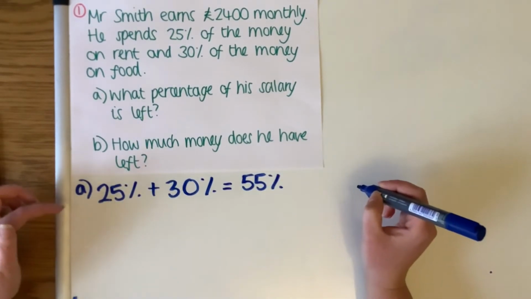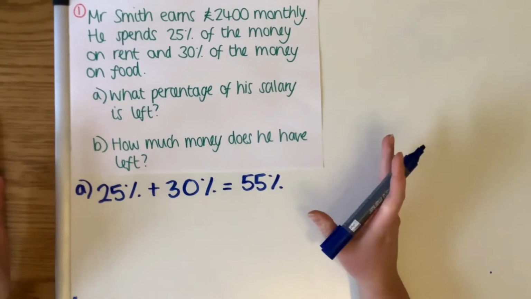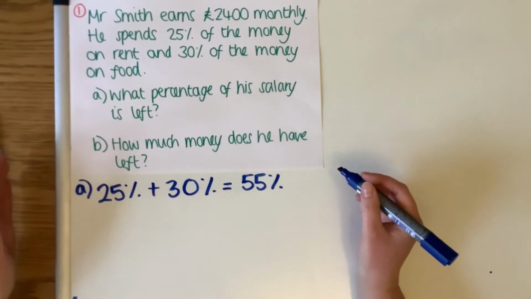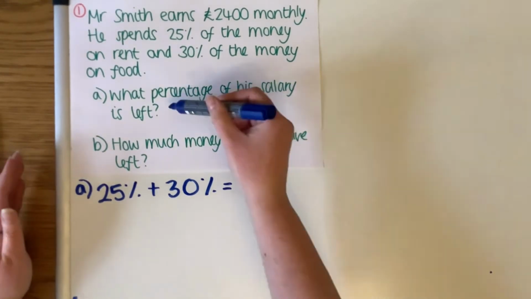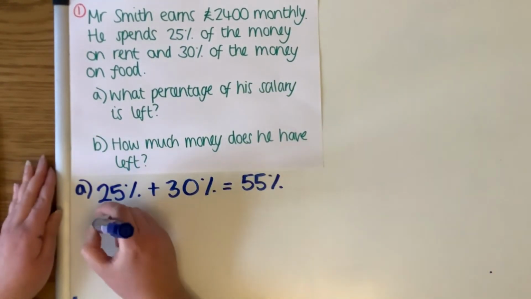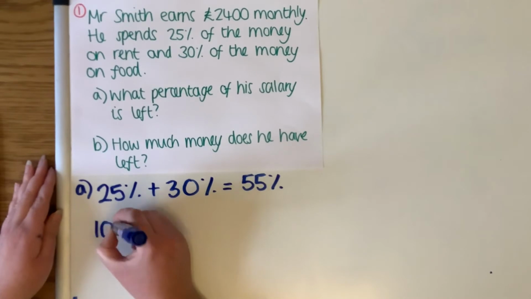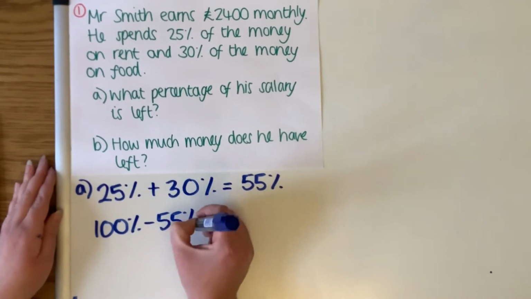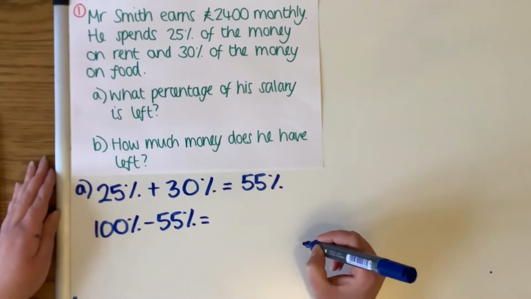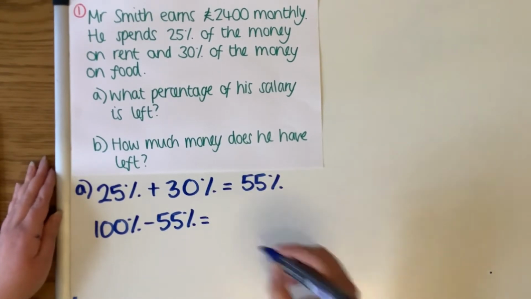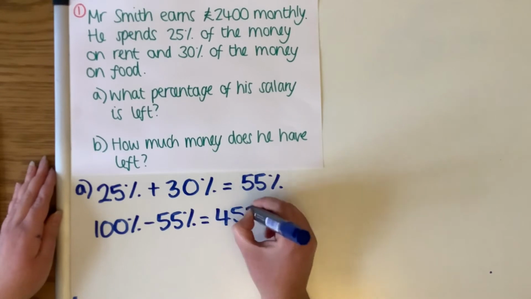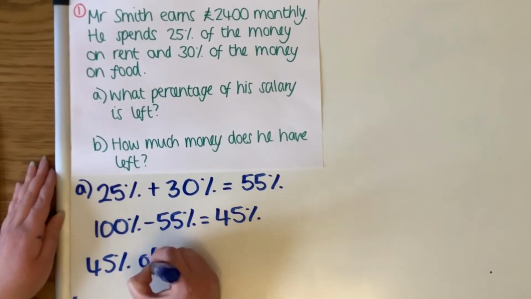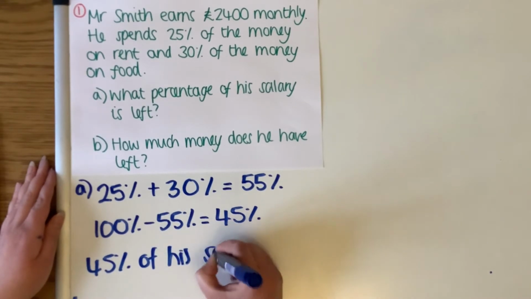That tells me that of the amount of money that he earns each month, he spends 55% of it. To work out what percentage is left, I need to do the 100%, subtract 55%. I know that 100 subtract 55 is 45. So 45% of his salary is left.